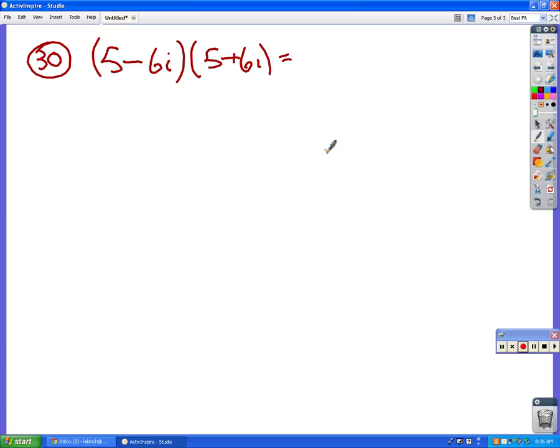We came up with a formula: when you multiply two complex conjugates together, the answer is a squared plus b squared. What's a? A is 5, so a squared is 25. What's b? 6, so 6 squared is 36.